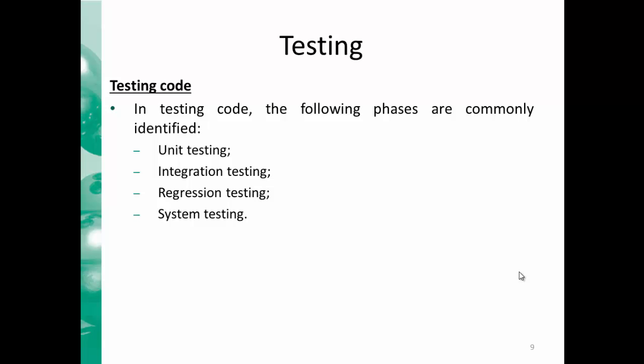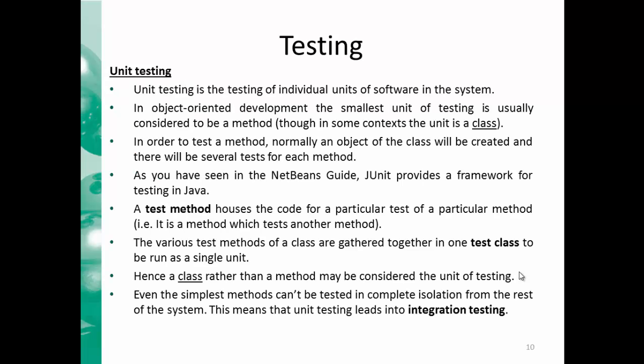Now we come to testing the code, and in testing code we have some common phases to be implemented. We have unit testing, then followed by integration testing and possible regression testing, and then system testing at the end. Let's take them one by one. Unit testing is the testing of individual units of software in the system.